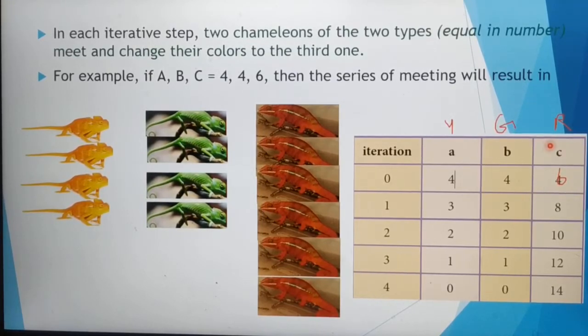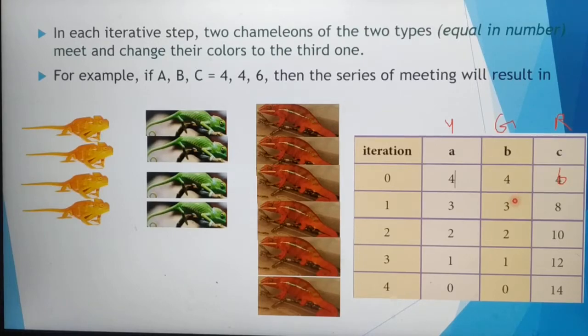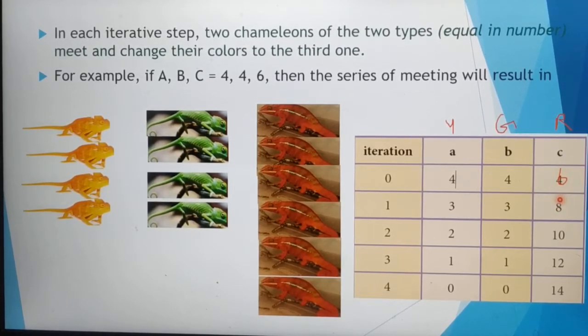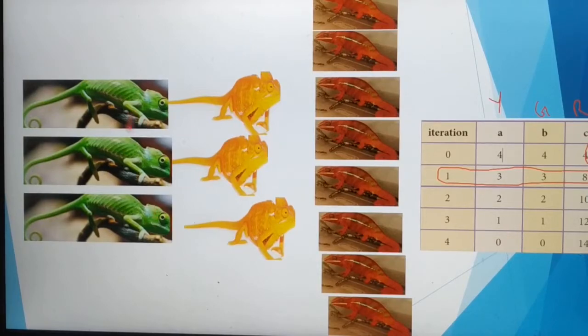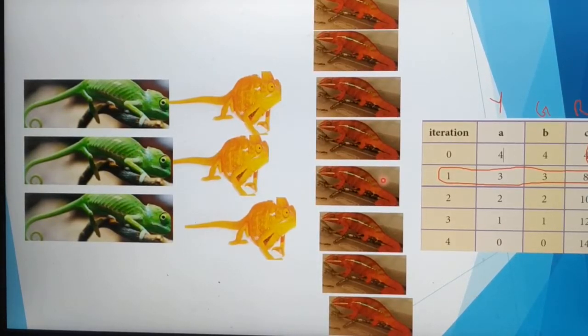So one chameleon reduces from A type, another reduces from B type, and two chameleons are added to C type. After the first iteration, you can see 3 yellow chameleons, 3 green chameleons and 8 red chameleons.